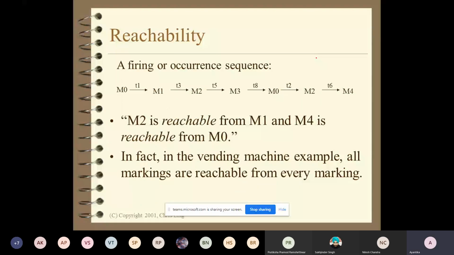So that means we are checking, for any firing sequences, if M2 or anything is reachable from M1 and M4 or not. So this way, different scenarios are possible, and you can choose different marking entries, and you will check whether those types of states are at all reachable or not according to your modeling or in your design. Okay.